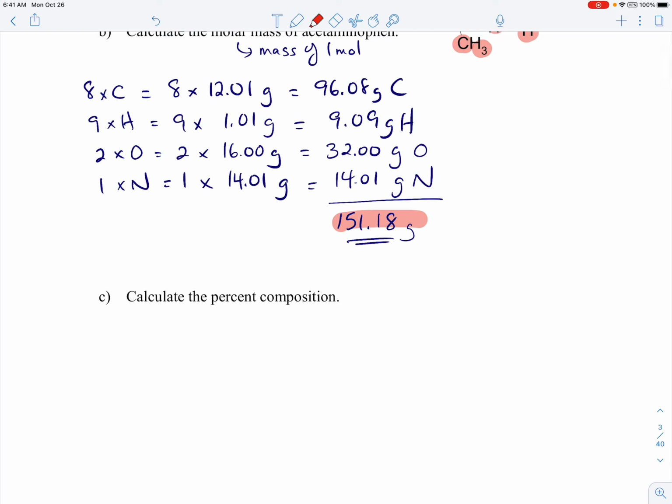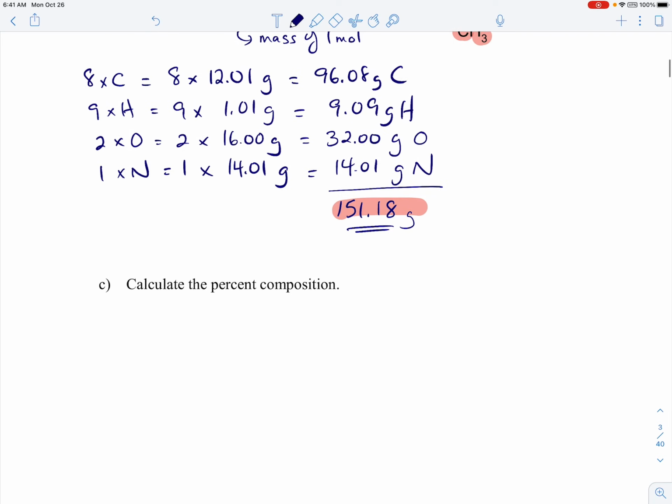The percent composition of acetaminophen, since I've shown my work for finding molar mass, this is going to be pretty straightforward. Let's first find the percentage of carbon in acetaminophen. To say the percent composition means the percentage of each element. So I'll do carbon.